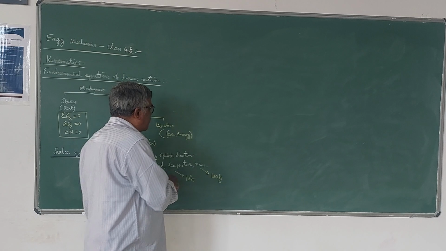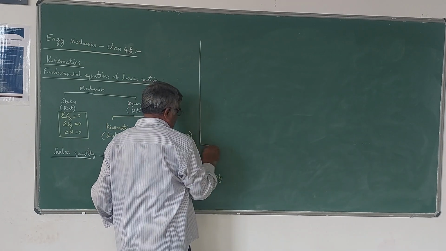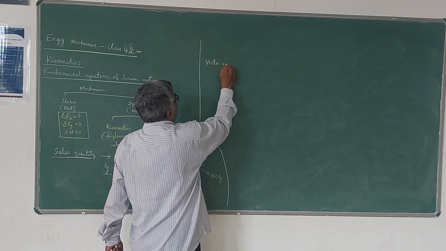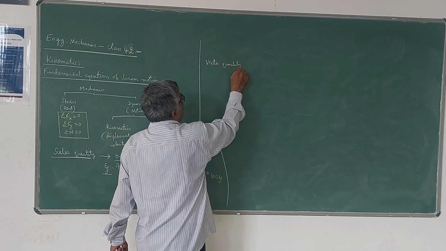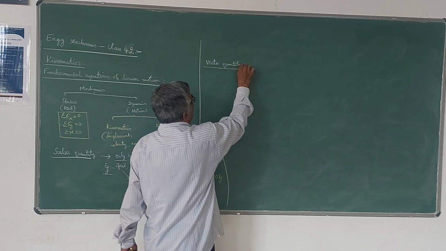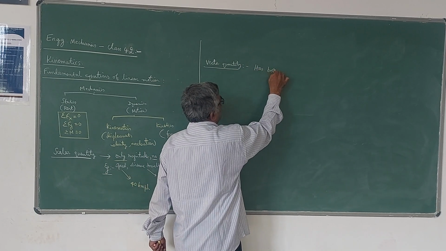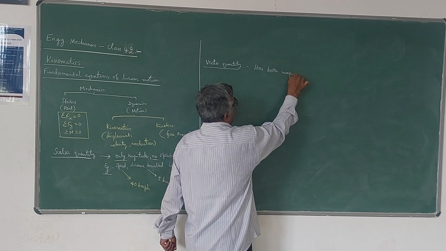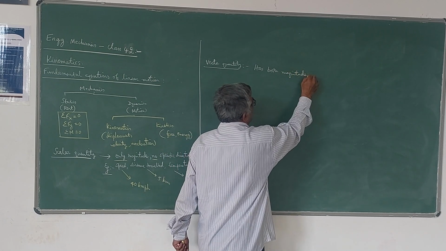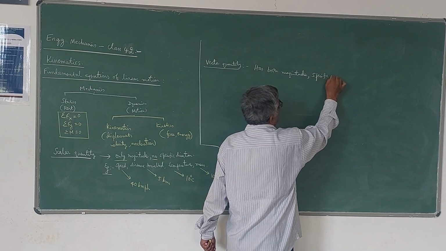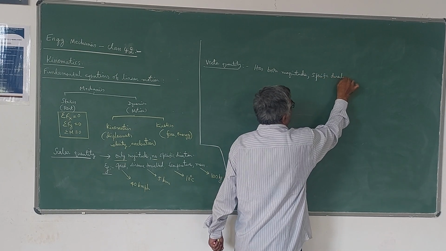The second type of quantity which you have learned already is the vector quantity. A vector quantity is one which has both magnitude as well as specific direction. So it is specified by a particular direction.